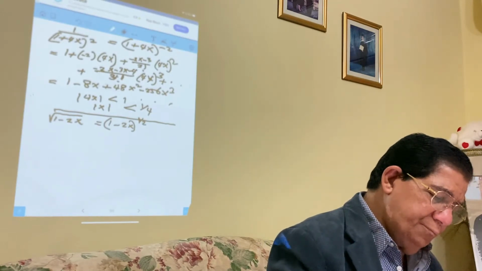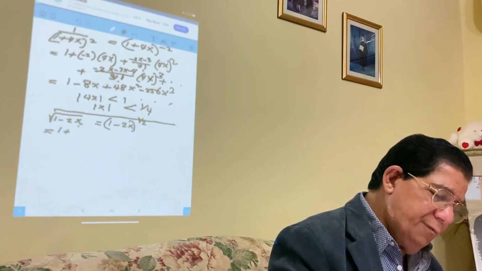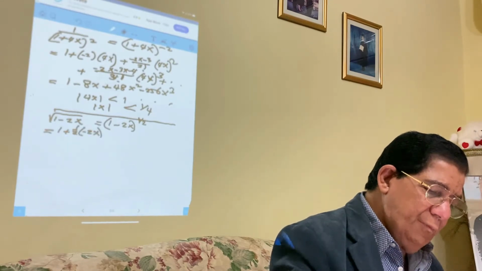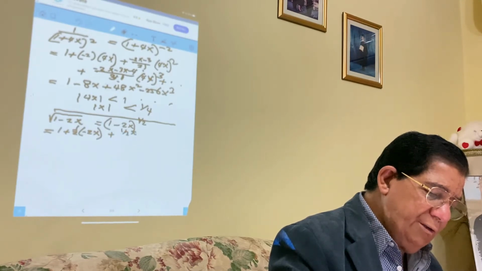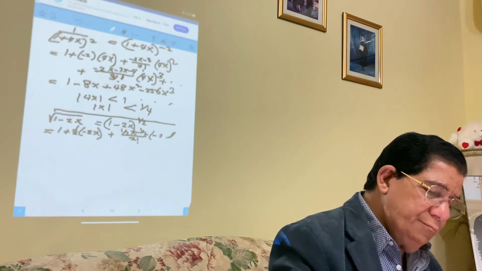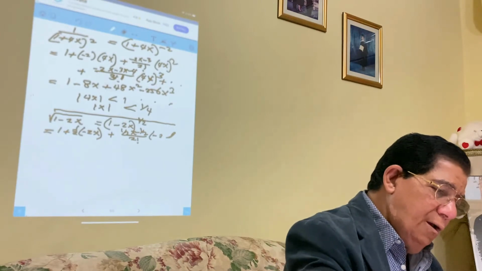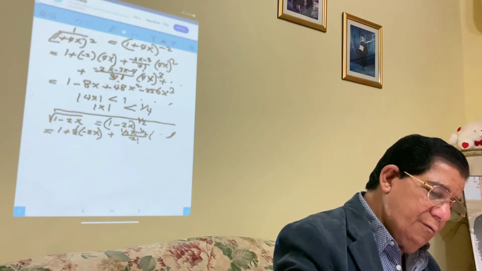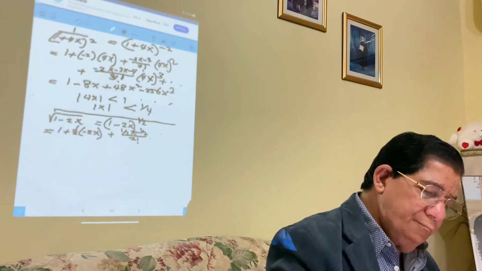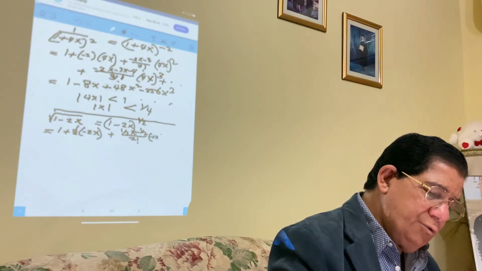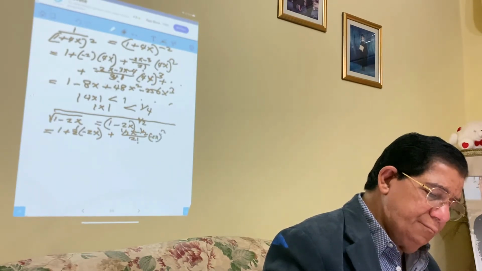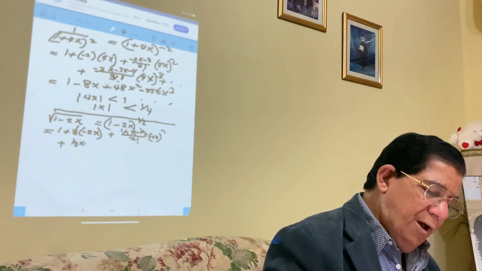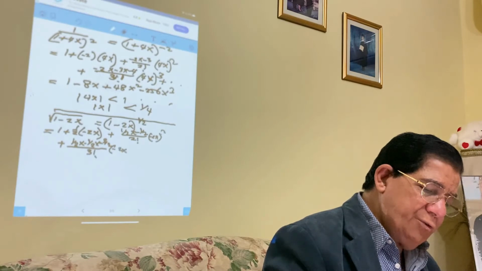This would be equal to 1 plus half negative 2x plus half times negative half over 2 factorial negative 2x squared plus half times negative half times negative 3 over 2 over 3 factorial negative 2x cubed.